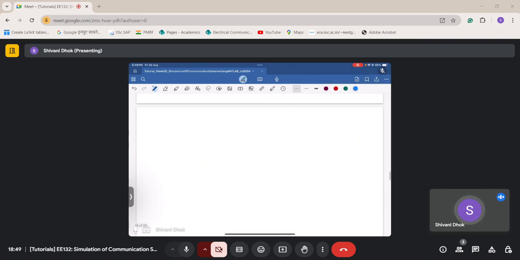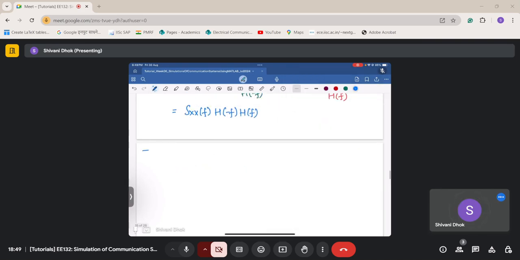Now what we have is our system h of t is real. And we have conjugate symmetry for the Fourier transform. So for a real LTI system, or a real impulse response h of t, we have H of minus f is equal to H conjugate of f.